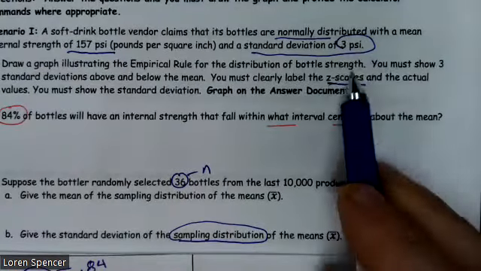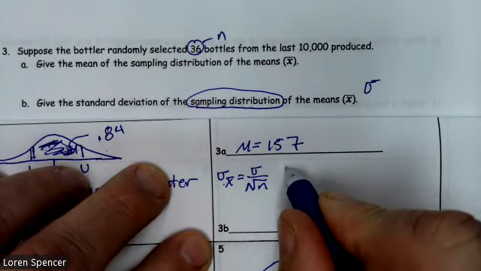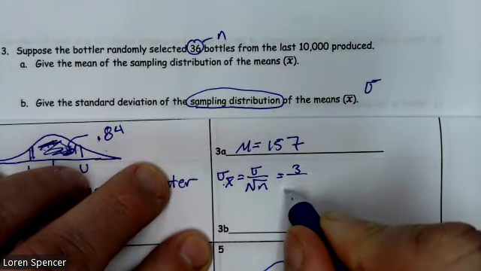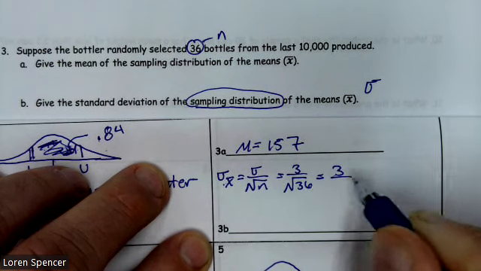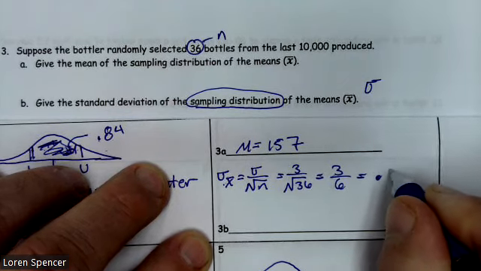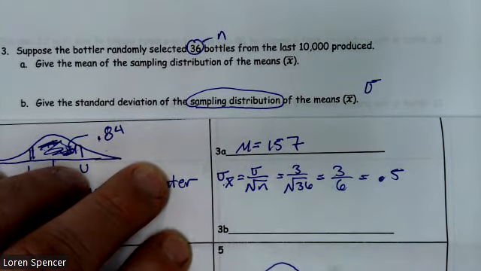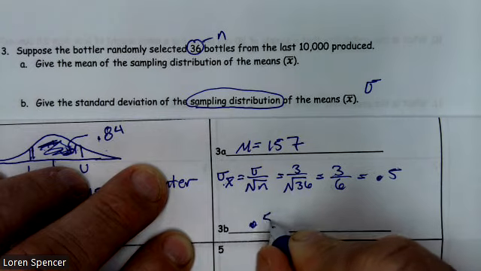They told us earlier that our standard deviation was 3, so it equals 3 divided by the square root of 36, which is 3 over 6, which is 0.5 or just 1/2. So our standard deviation for 3B is 0.5.